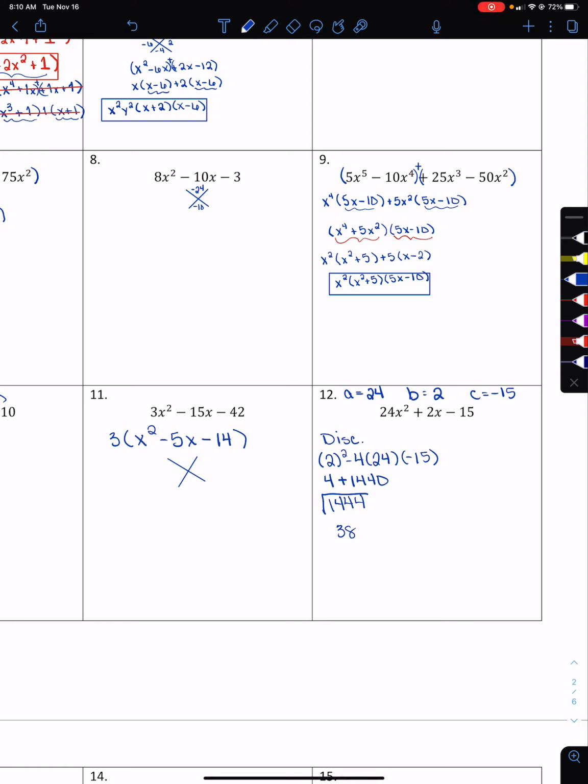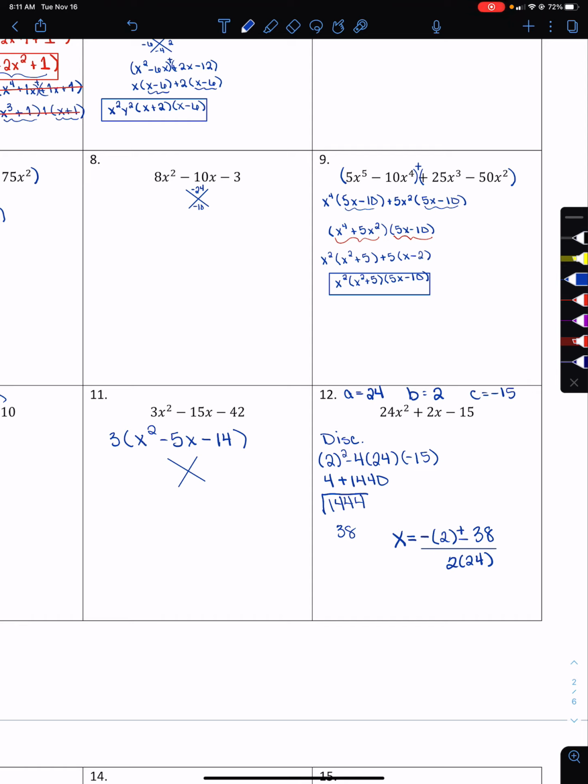Okay, so now looking at the quadratic formula won't be so long. X equals opposite b plus or minus the square root of the discriminant, all over 2 times a.